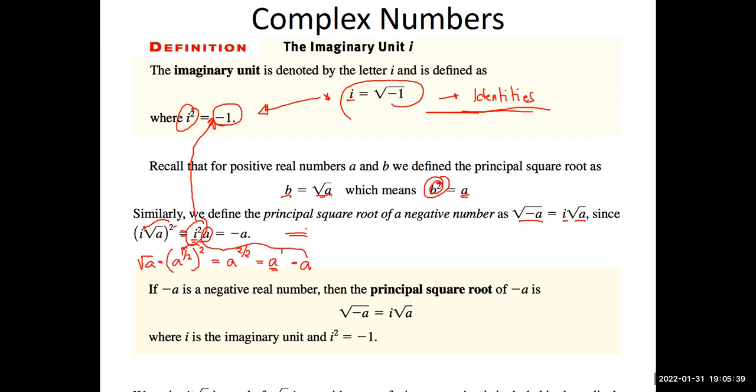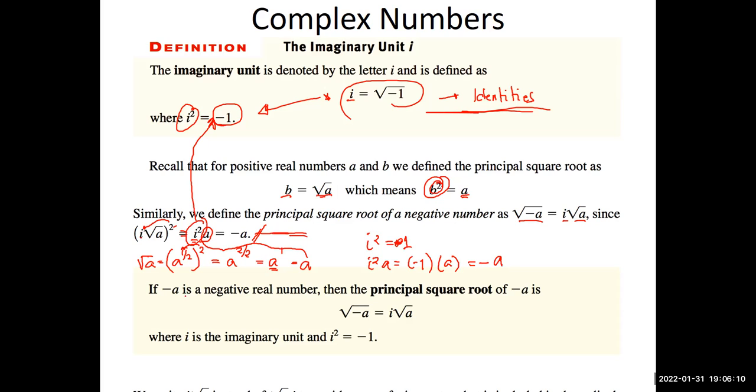So i squared times A is negative 1 multiplied by A, and that results in negative A. So there it is.